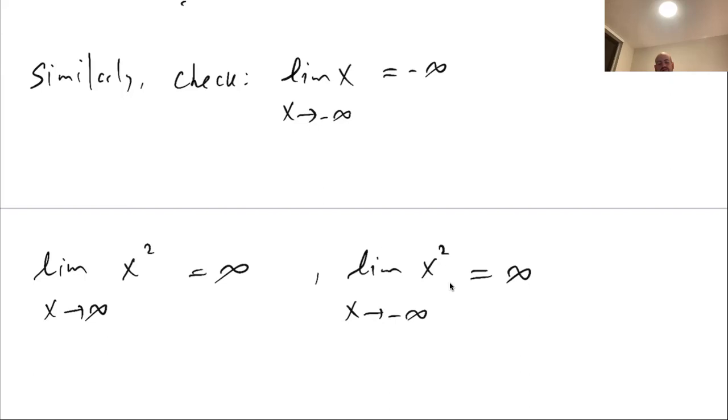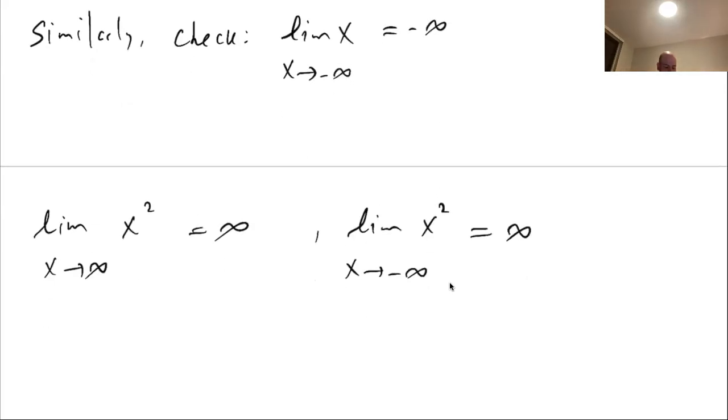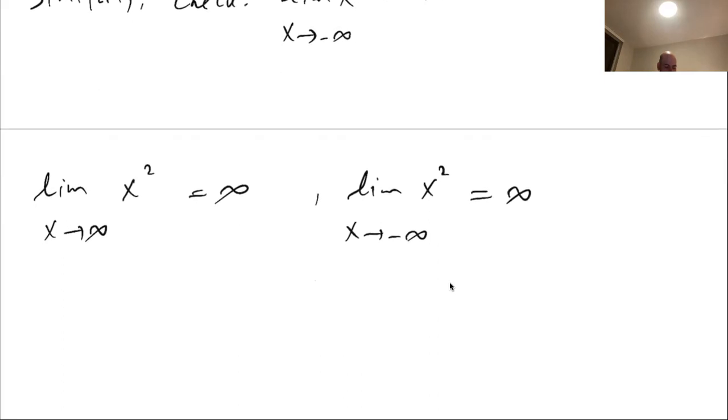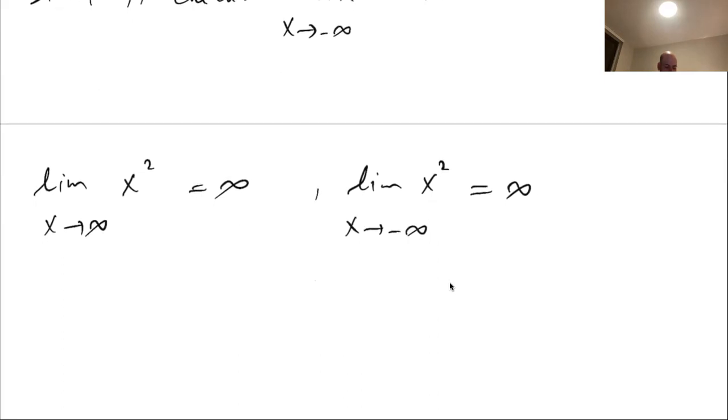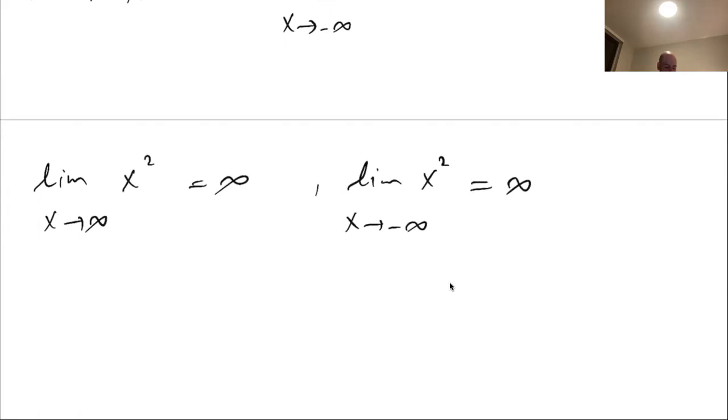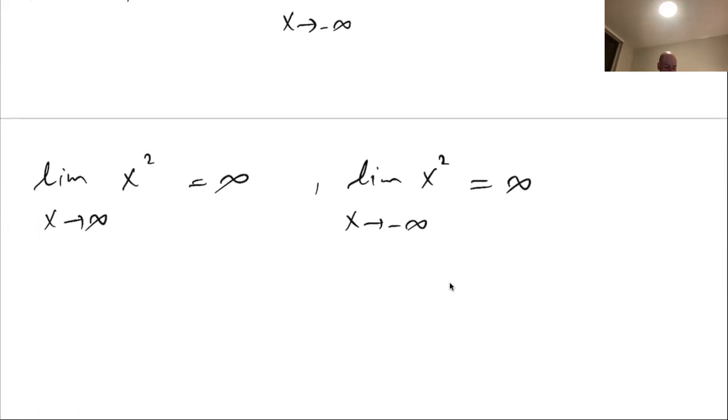Minus 10, the whole squared, is 100. And if x is minus 100, then the output is minus 100, the whole squared. Again, a positive big number, right? So as x becomes larger and larger with a negative sign, the output becomes larger and larger with a positive sign. So yeah, these limits are infinity.